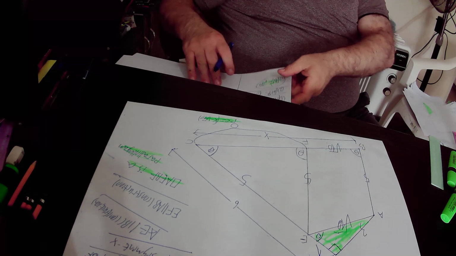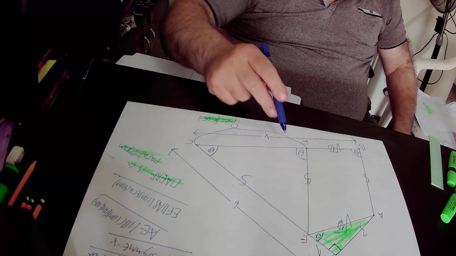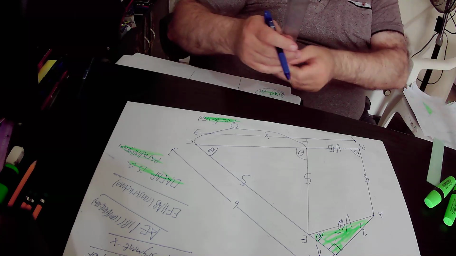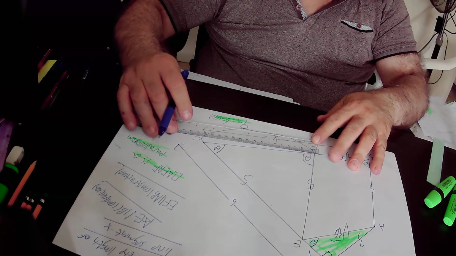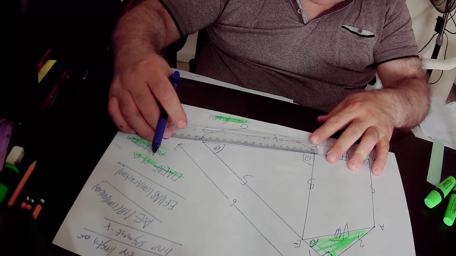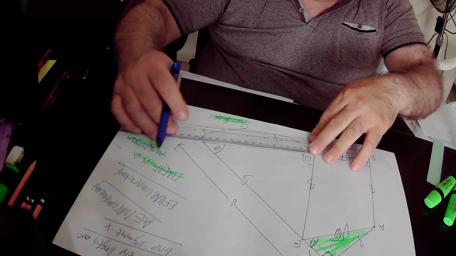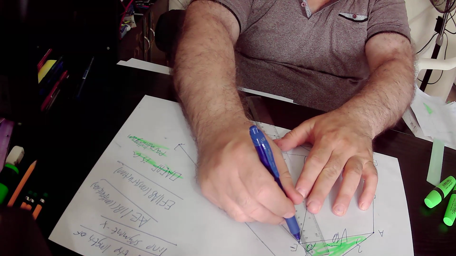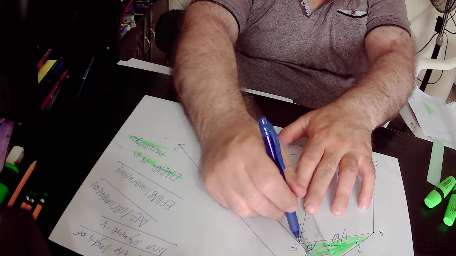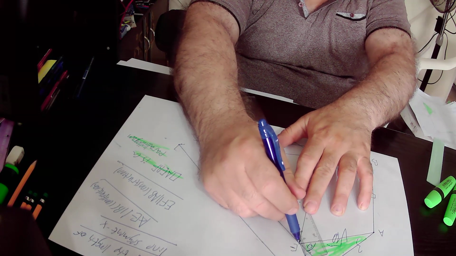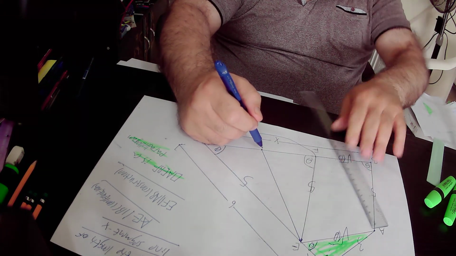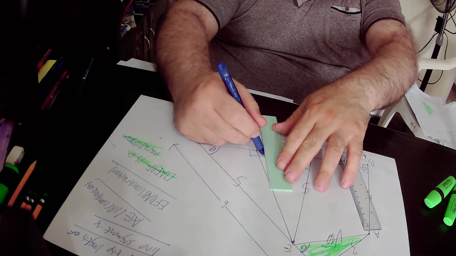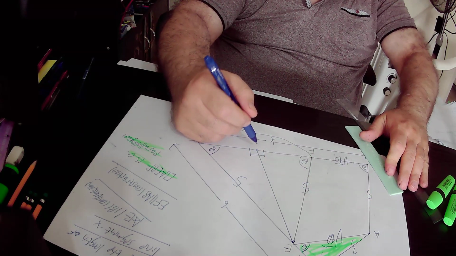In the next step we will do a construction. From point E, we will draw a perpendicular on FC. This angle equals 90 degrees, and this angle also equals 90 degrees according to our construction.